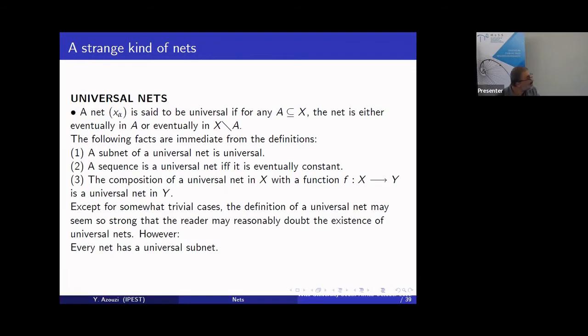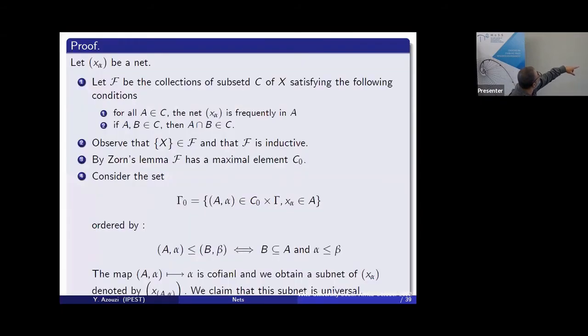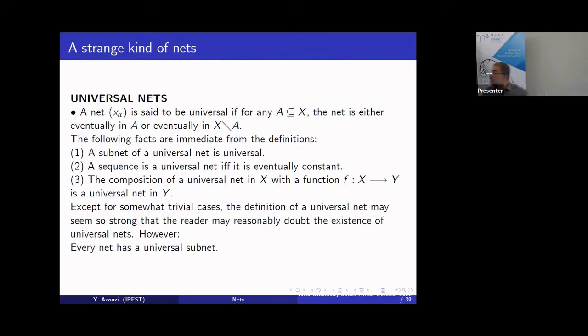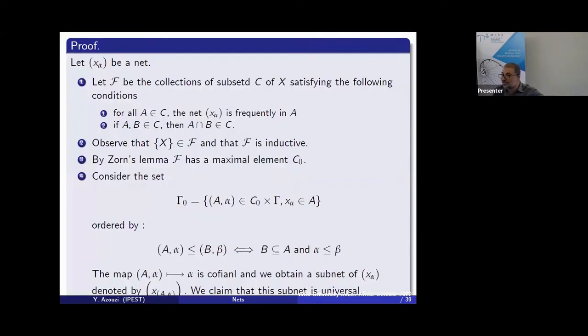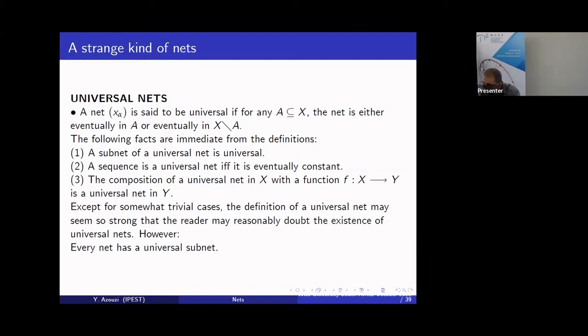But we also have a surprising result that every net has a universal subnet. I repeat the definition: universal means for every set, after some time, the net is in this set or in its complement. We can use this notion to get a very short proof of the Tychonoff theorem and others.